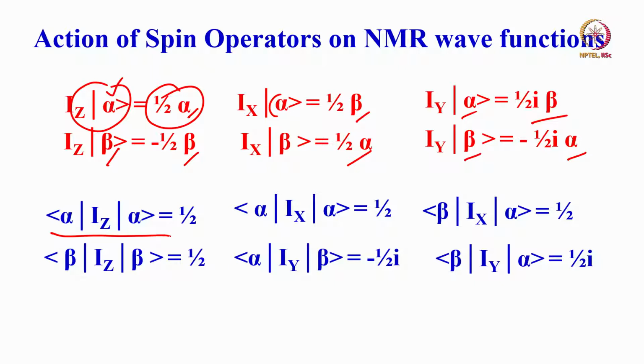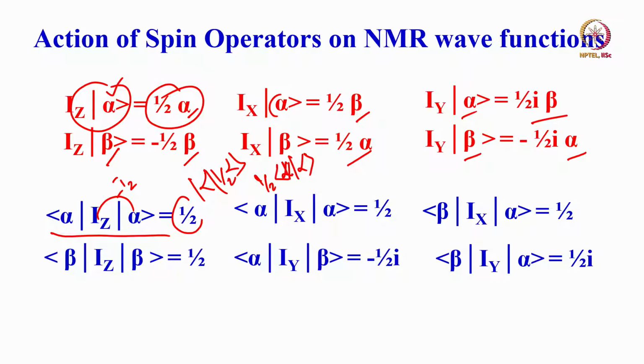If alpha, I z operating on alpha, then it turns out to be half. The reason is I can take I z out: I z operating on alpha is going to be half alpha, so half I can take outside, it is going to be half alpha alpha. Alpha operating on alpha, as I told you, they are an orthonormalized basis set, is going to be 1.